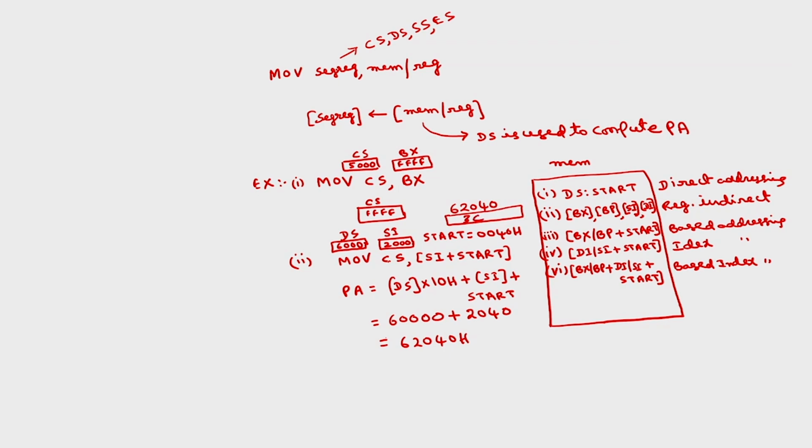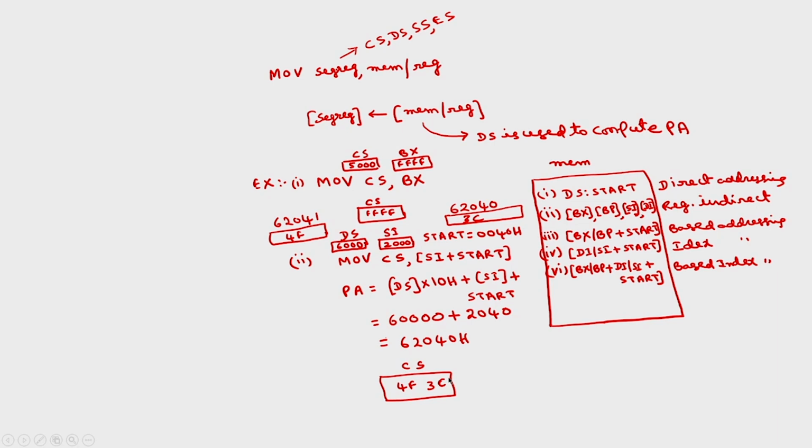Because this destination is 16 bit, it will read 2 bytes. The first will be loaded into the lower order, and the higher order will be from the next address. If I assume the contents of 62,041 is 4F, then the content of CS will have lower order 3C and higher order 4F.